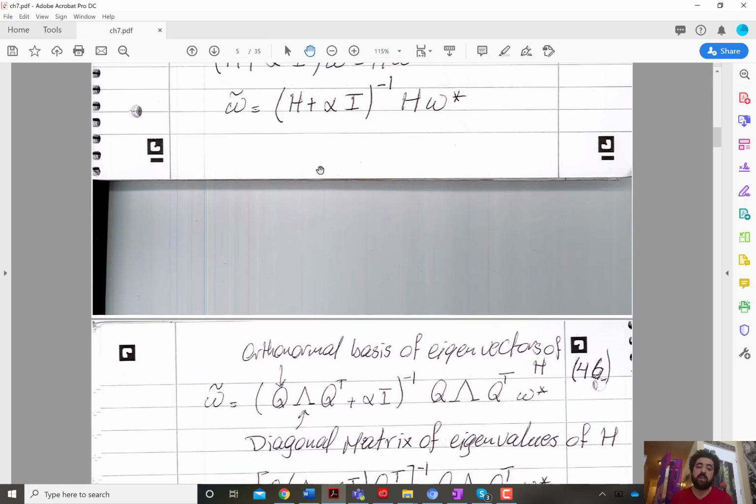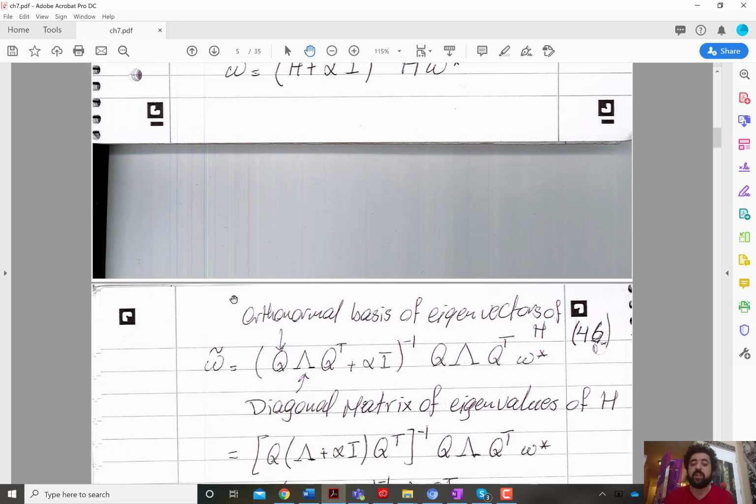Since it's positive semi-definite, I can have a singular value decomposition of H, right? So I can decompose H into a matrix Q, and that matrix basically has an orthonormal basis of eigenvectors of H, with unity norm.